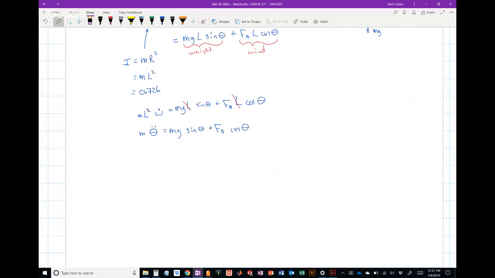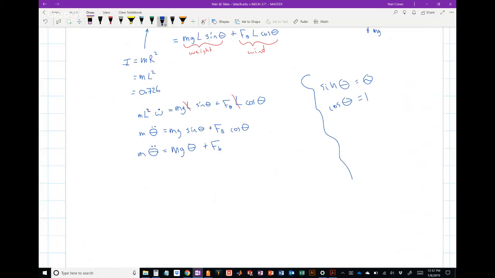Now we need to use our small angle approximation, which is, for small angles, the sine of theta equals theta, and the cosine of theta equals 1. Okay, using that, m theta double dot equals mg theta plus F_B.